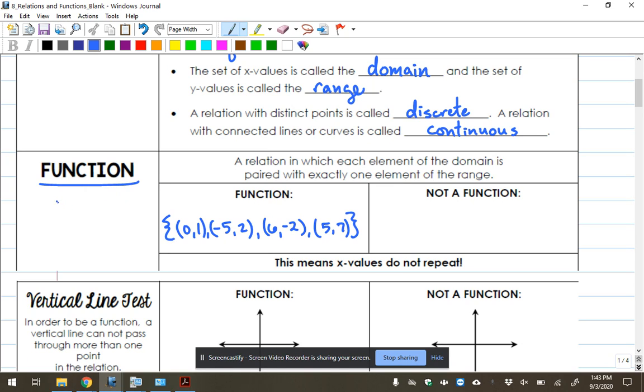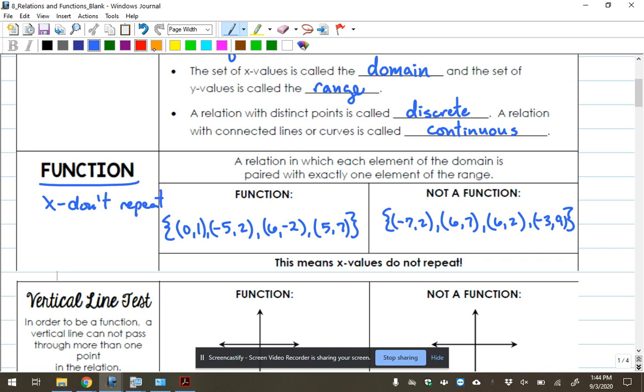To be a function, x's don't repeat. X's do not repeat. Okay? To be a function. Not a function. Example of that would be a set: (-7, 2), (6, 7), (6, 2), (-3, 9).